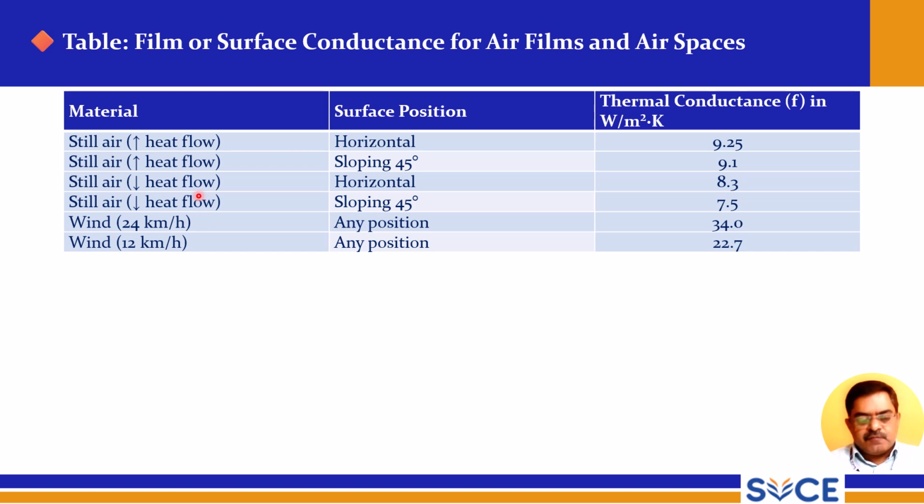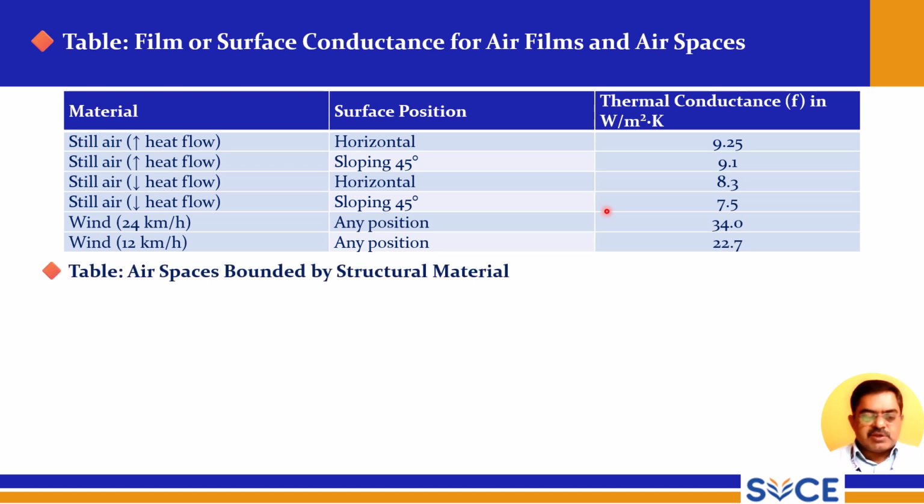Still air heat flow reduces, actually here also heat flow reduces, sloping 45 degrees, that is 7.5 conductance, and wind at 24 kilometers per hour in any position it possesses 34 thermal conductance, whereas wind at half speed, that is 12 kilometers per hour, it possesses 22.7 thermal conductance.